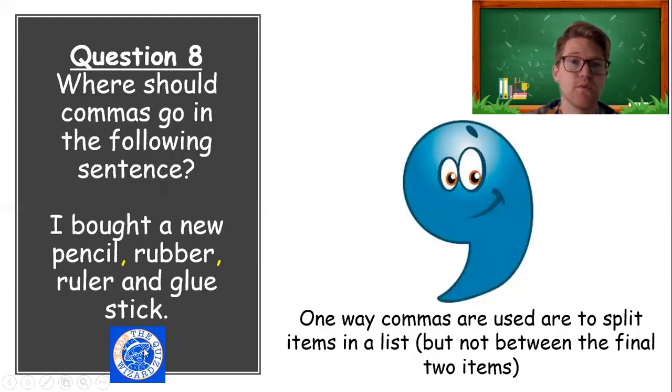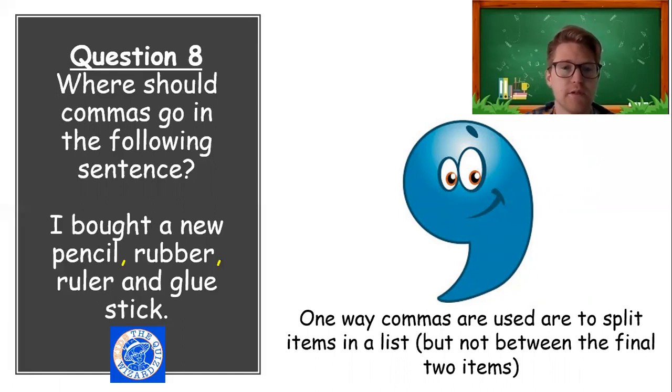Question 8, commas. Where should the commas go in this sentence? So commas are used to, well, one way commas are used is to split items in a list, but they don't go between the final 2 items. So if we look at our sentence here, how many items do we have? I bought a new pencil, 1, rubber, 2, ruler, 3, and glue stick, 4. 4 items.